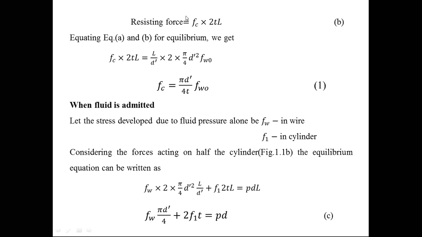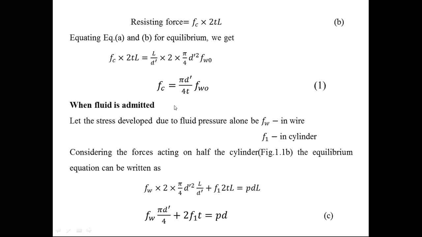So this is the resisting force taken as B equation. So equating the equation A and B, you get the Fc. That means hoop compressive stress in the cylinder, pi into d dash, this is the diameter of the wire, not cylinder, and 4 times thickness into it is the initial stress in the wire. So this is the equation. This is the initial stress.